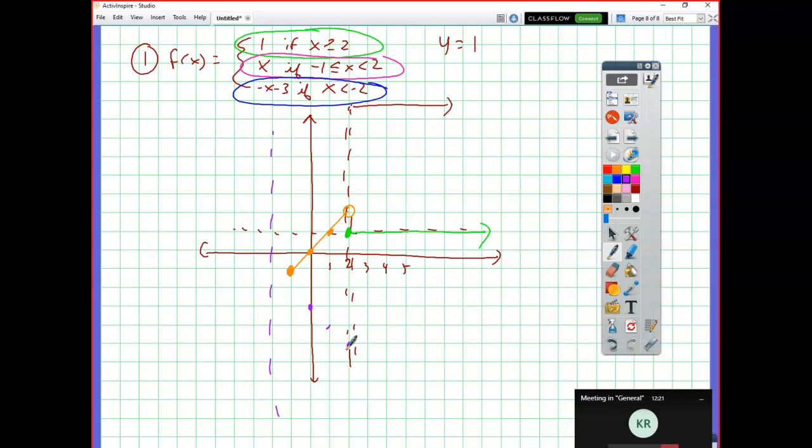I got to go this way. So I go up 1 over 1, up 1 over 1. I get to here. Suddenly I care. Not equals 2. So I leave an open circle here, and I just keep going with my graph. Ta-da!